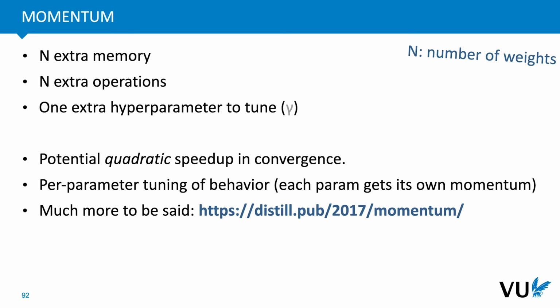What we get in return is a potential quadratic speedup in convergence under the right conditions. We get per parameter tuning of behavior, because each parameter gets its own momentum. So we may expect a better response to heterogeneous neural networks. And there is much more to be said about what momentum really is and why it really works. And here's a good link to an article about that, but we won't go into it any further.